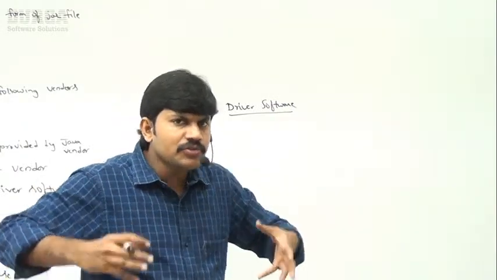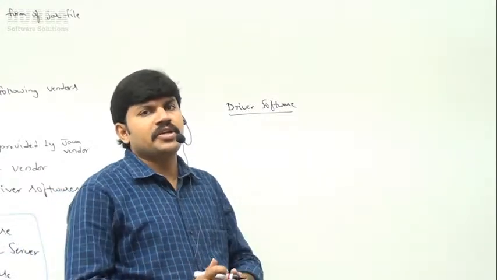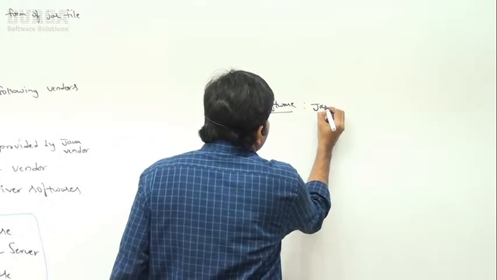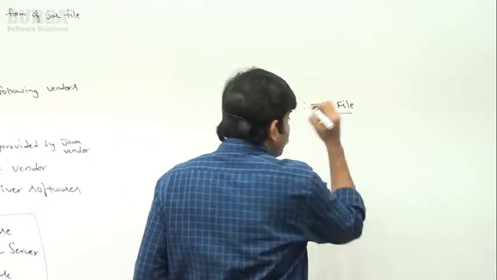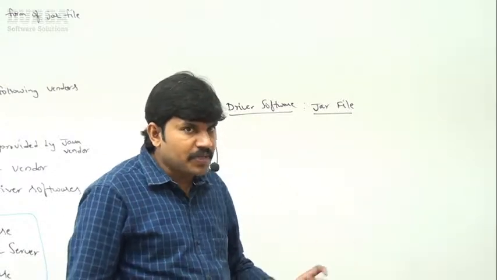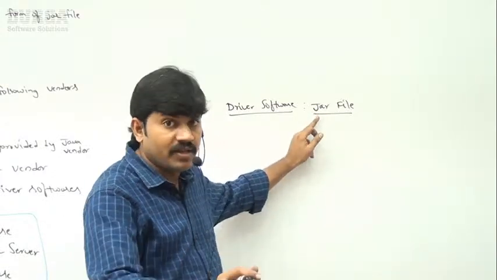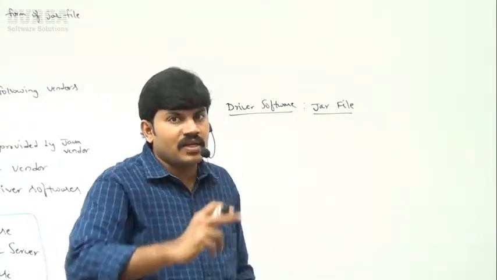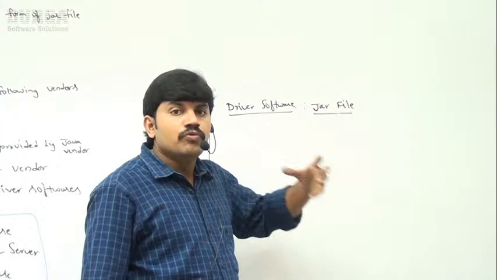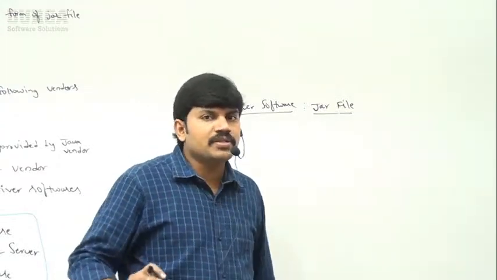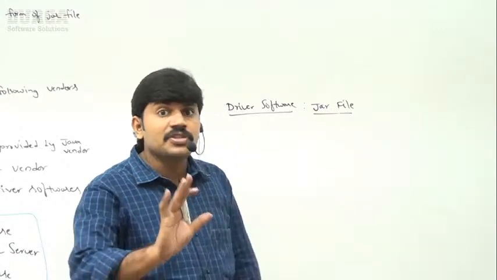Usually in our software environment, a group of classes can be represented using a jar file. A jar file, a Java archive file, contains a group of .class files. It is a compressed file which contains a group of .class files, right? That's why usually driver software is available in the form of a jar file.